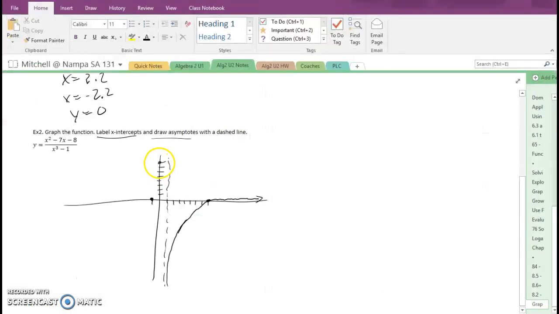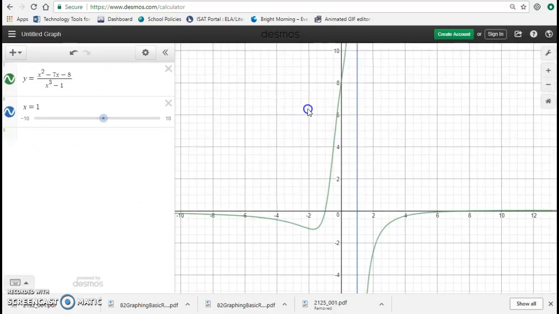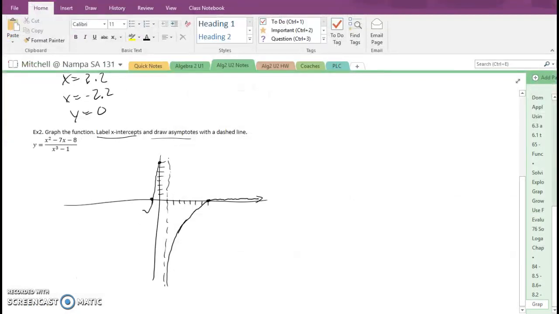So it's going to come in here and then loop up. And we're just kind of estimating here, and then it's going to go back up, but it's not going to pass again, so it's going to go like this. Like that. Kind of a neat little graph, isn't it? Because it's going to continue up. Something like that.